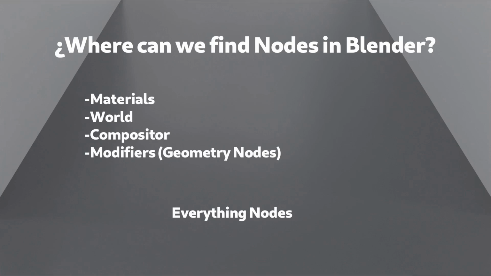Right now we can use nodes when we work with materials, when we are setting our world, in the compositor, or with modifiers like in geometry nodes. There's a long-term project called Everything Nodes that wants to make everything we can do in Blender with nodes. It's going to allow us to make everything with nodes.